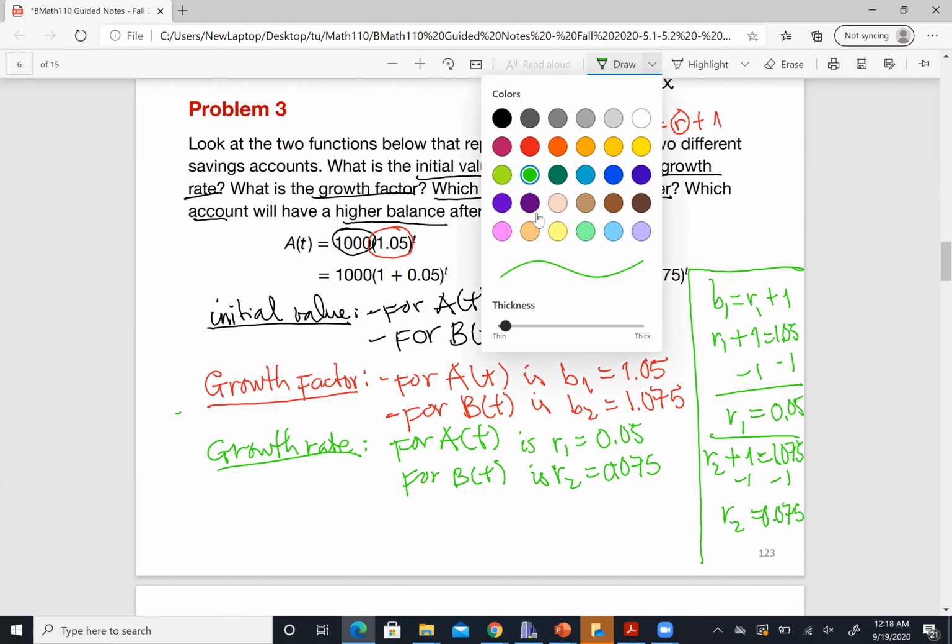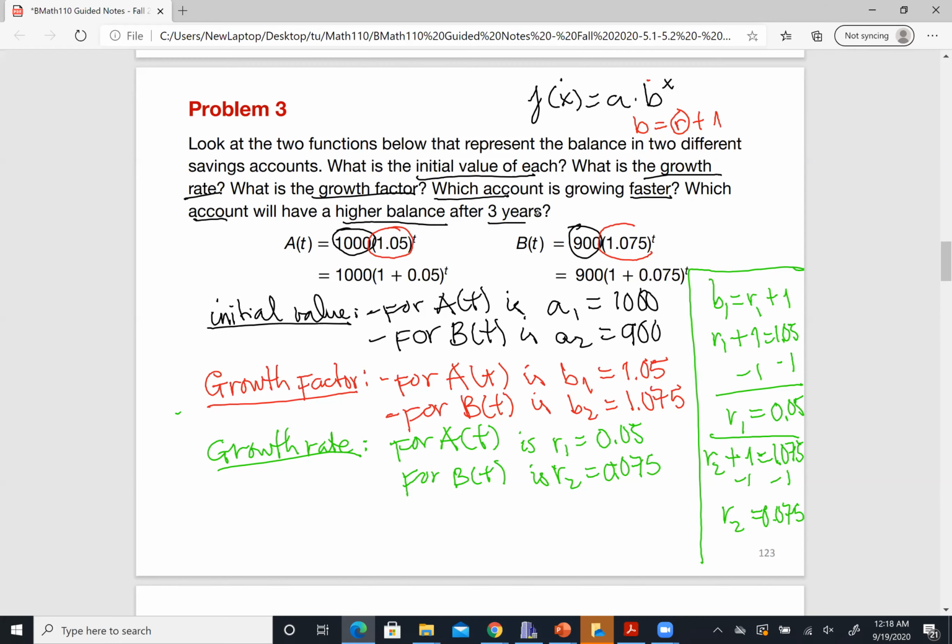Okay. So let's use another color. What else? Which account is growing faster? Okay. So I'm going to say the better rate will be growing faster. You see that R2 is greater than R1.